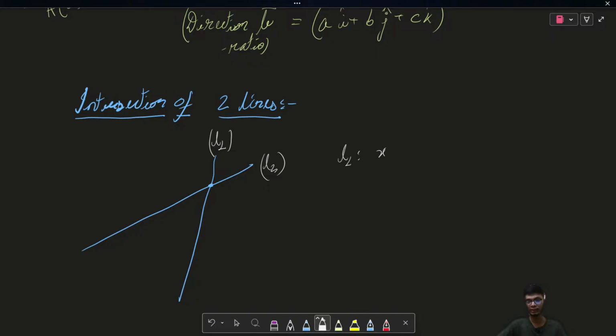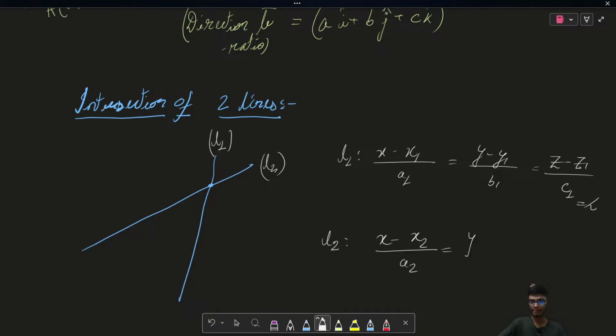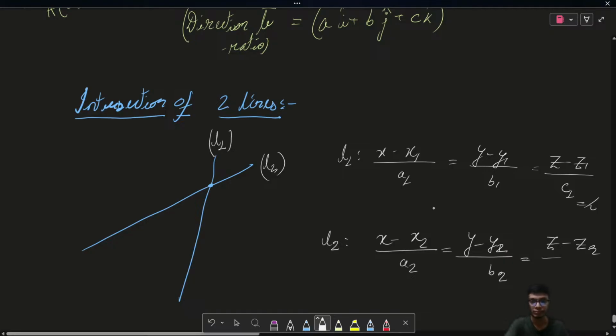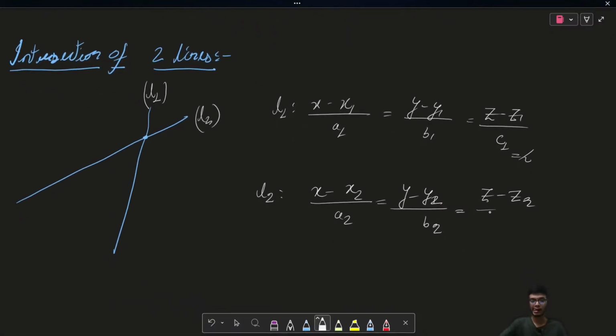So if I have the equation of the line corresponding to the cases as follows, let us say this is my lambda and my line 2 is given as some mu.